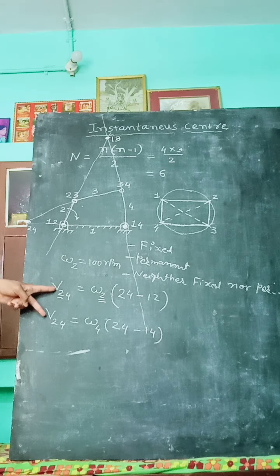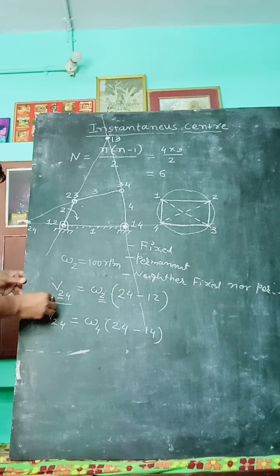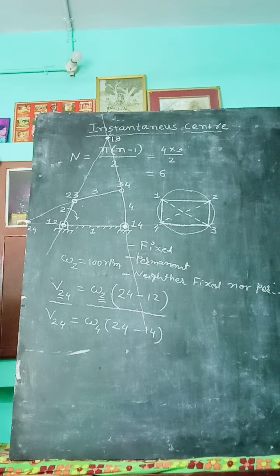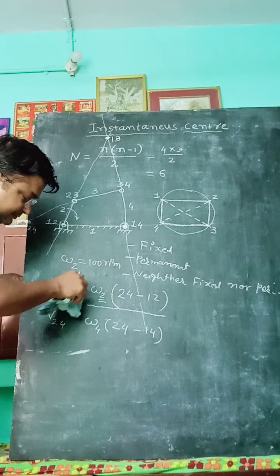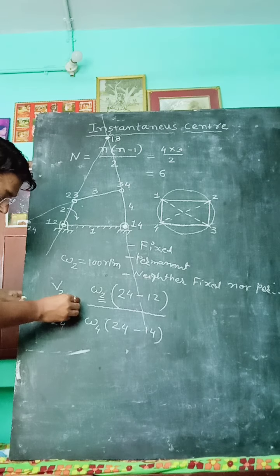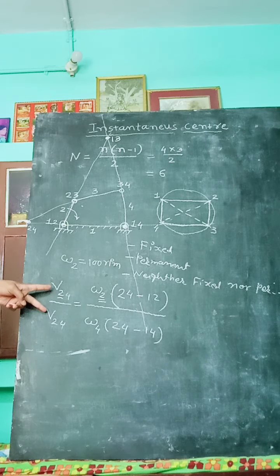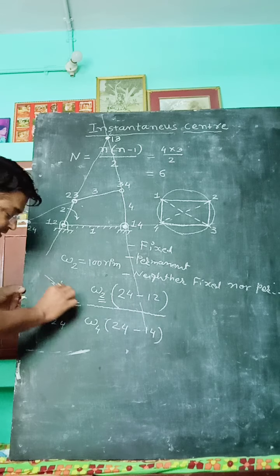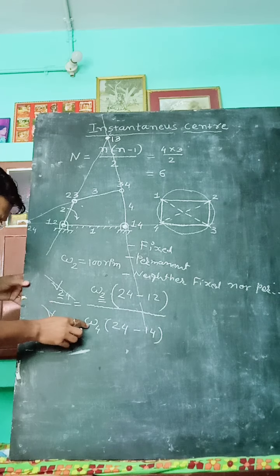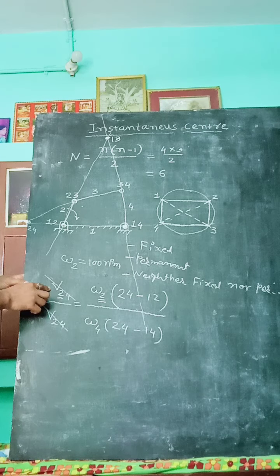Now on the right hand side, when we take a ratio, when we divide them, so what happens? On the right hand side, they will nullify each other.